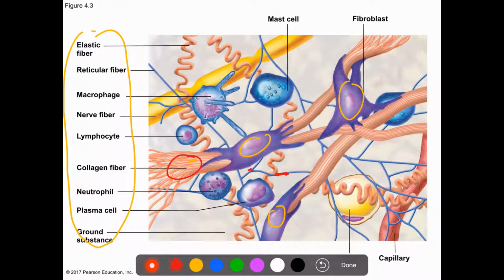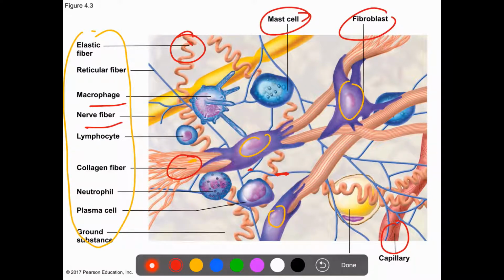Okay, these are the elastic fibers. These are the macrophages. These are nerve fibers, blood capillaries, and so on. So different types of cells and different types of fibers within these connective tissues. And here is the ground substance that will form the matrix.